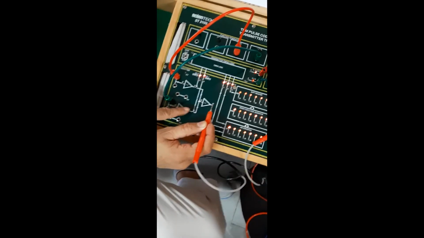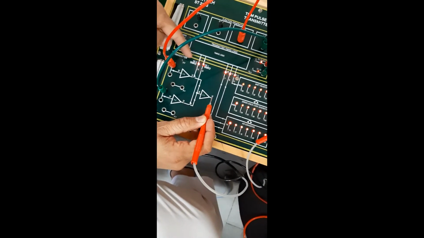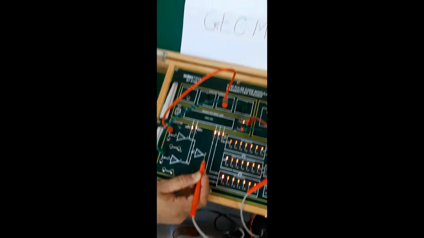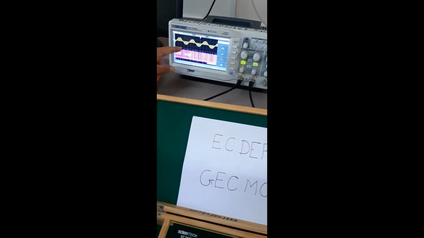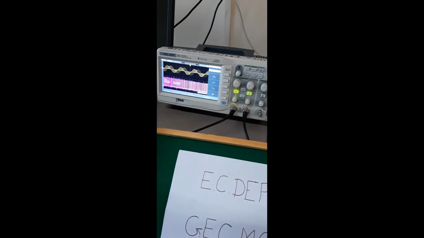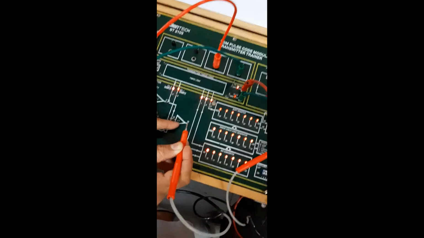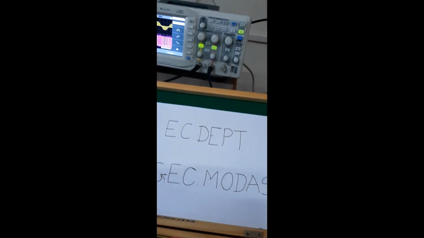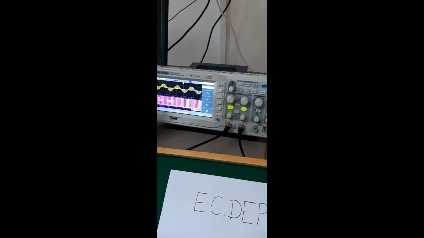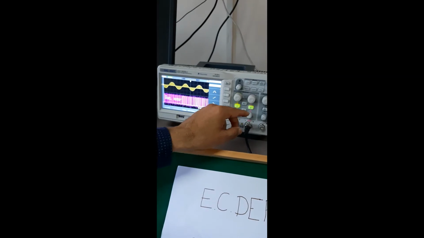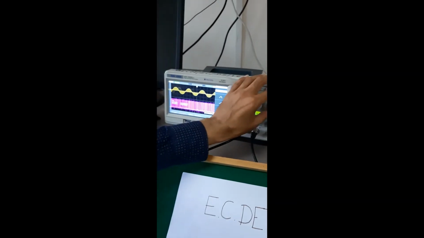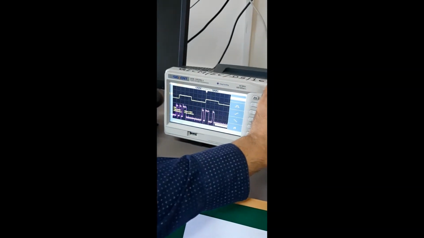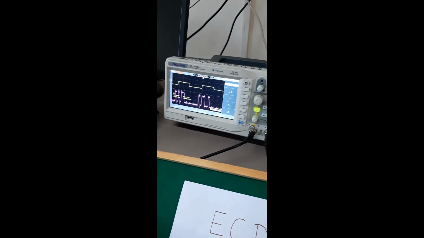We are observing the output from the sampler. Since channel 1 is active, we are observing the sampled version, or you can also call it a pulse amplitude modulated signal, at the output of the sampler. There will be a 7-bit encoding from this circuit. Since the sample values are continuously changing, the bit pattern for each of the samples also changes, which I can observe by zooming in.